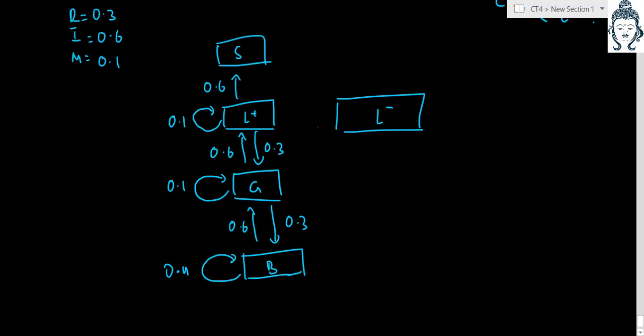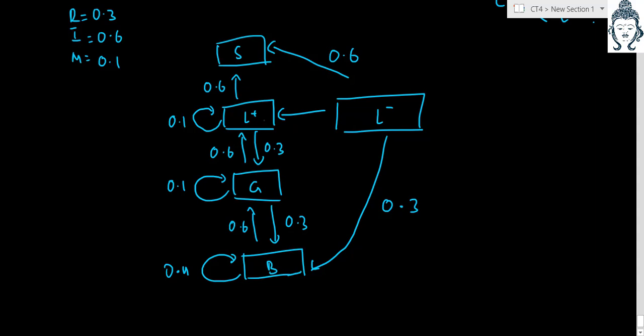Now let's say I'm in L minus. Now I can have three things. I can increase, reduce, or maintain again. If I increase, I get to S, of course, so that is 0.6. If I reduce, I'll go directly to B because I fall down 2 levels, that is 0.3. But if I maintain, I'll get to L plus and not this state itself, because that would mean I am at loyalty discount and I maintained.